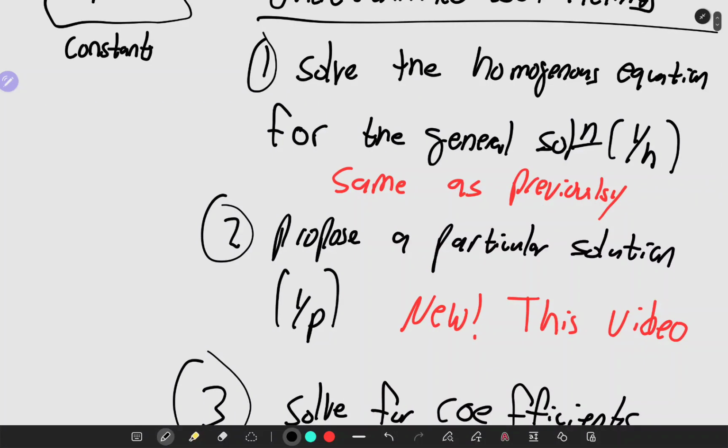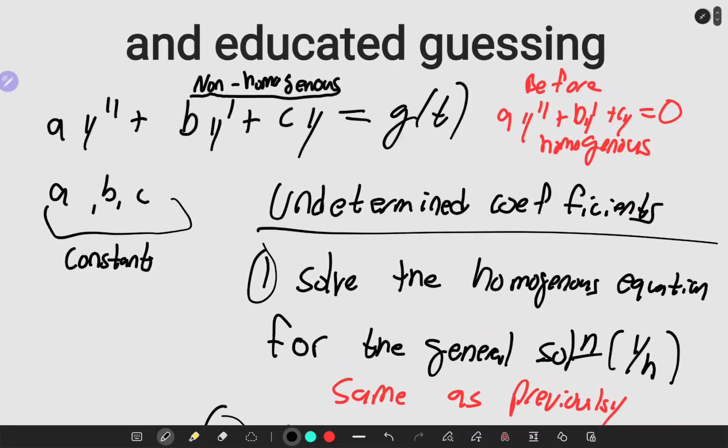But before we get into this, for step 2, there's a method of guessing depending on what our g of t is. G of t can be many different functions. It can be a number like 3, it could be a t, it can be an e to something t, it can be sine of something or cosine.